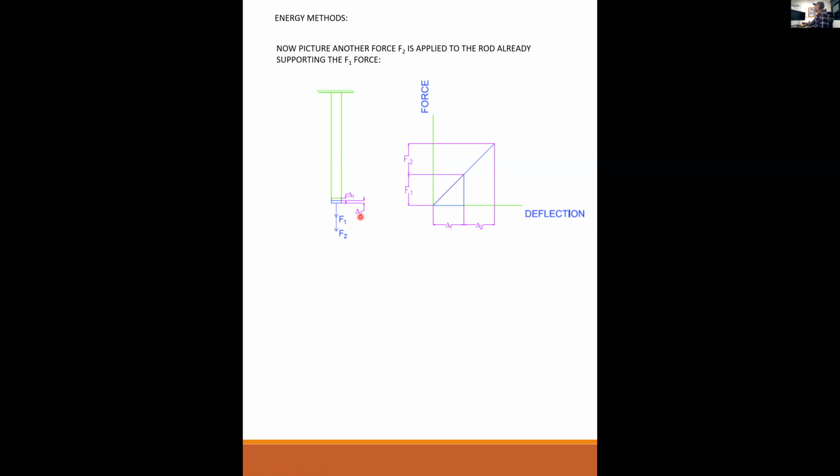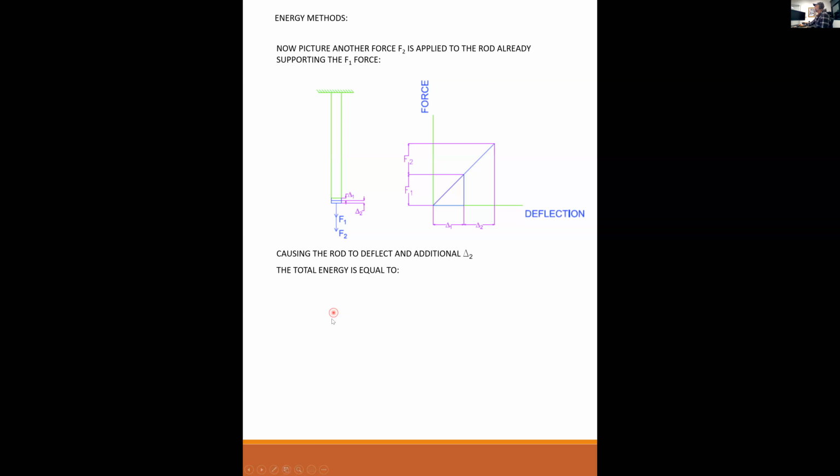So now the total force on the rod is F1 plus F2. When you put the force F1 on the rod, you got a deformation of delta 1. If you add more force, then you'll get more deflection, clearly. So F2 is the added force, delta 2 is the added deformation. It's going to cause the rod to deflect an additional delta 2 amount. So the total deformation is going to be delta 1 plus delta 2.